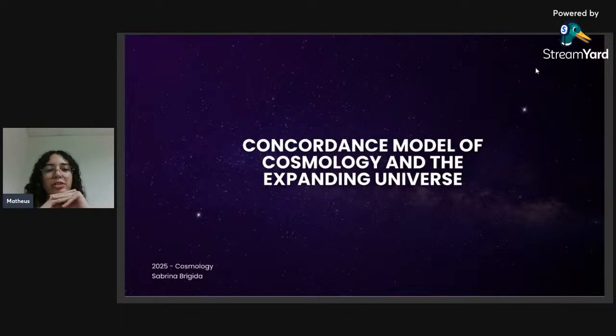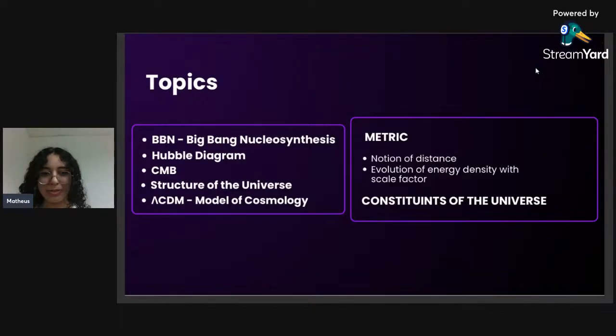So today I'm going to talk about the Concordance Model of Cosmology and the Expanding Universe. That is basically the first chapter of Dodelson's book. Okay, I'm going to start. These are some topics about this book. Here we have the BBN, that is the Big Bang nucleosynthesis.